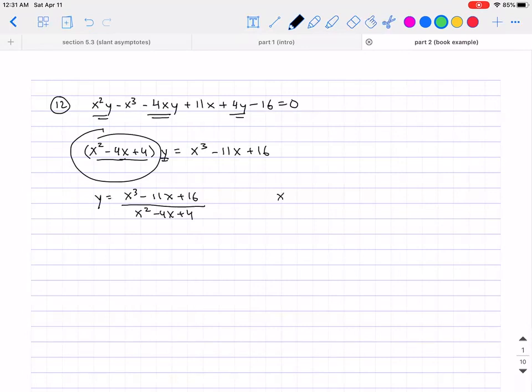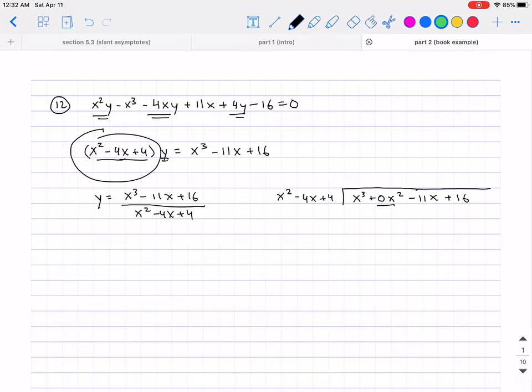So we have x squared minus 4x plus 4, and we're going to take x cubed plus 0x squared minus 11x plus 16, and divide by this factor of x squared minus 4x plus 4. And you'll note that I did put in an extra 0x squared because that term is necessary in order for me to do the long division.